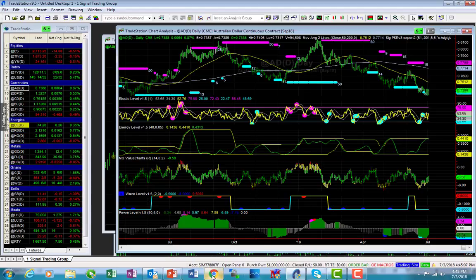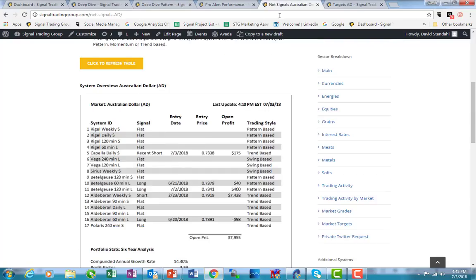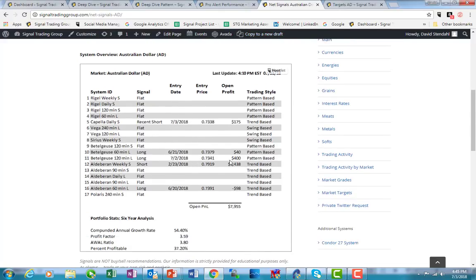So the way that the systems are playing this out right now is kind of no surprise here, because this is what happens when the markets come down after a nice little trend. We have a recent short today, but combine that with two longs, a short and a long. Net, we have a short, a long, a short, a long.